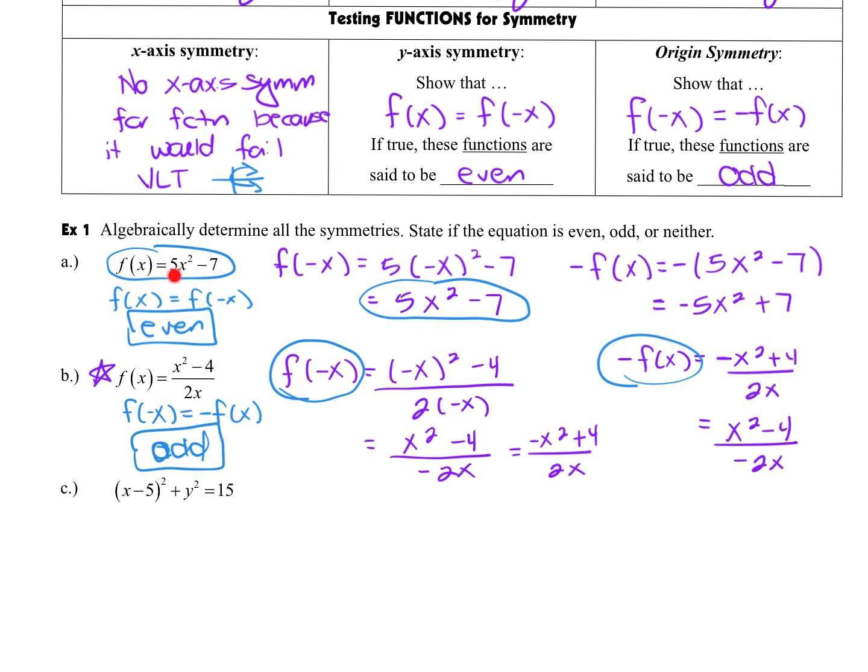It has a vertical stretch, but it's just been shifted. This function, you wouldn't know what this one looks like right now, but if you enter it into Desmos, because we found algebraically it's odd, you are also going to see that it has symmetry around the origin, meaning either the first and third quadrants will look like a rotational symmetry, or the second and the fourth.